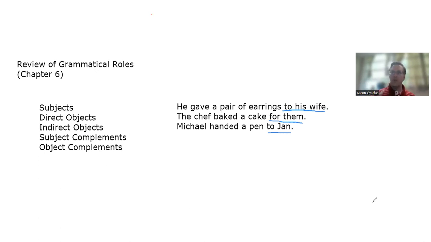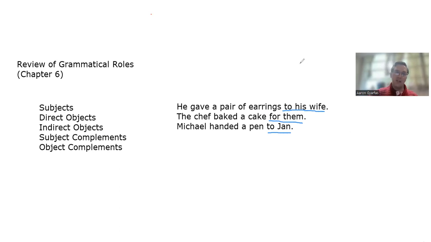Because we can rewrite these sentences this way, we have that more distant relationship, and we can see that that is the indirect object. The direct object is more closely tied to the verb. It's the receiver of the action, so there's no separation between the verb and the direct object. They are closely tied together.